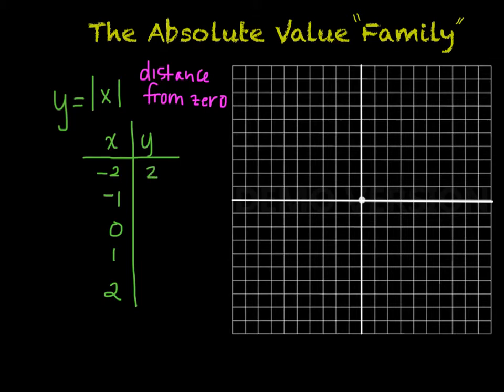The distance -1 is from 0 is 1, then 0, 1, and 2. So my parent would look like this. And we expect you to be doing this on graph paper. That is the parent of absolute value.